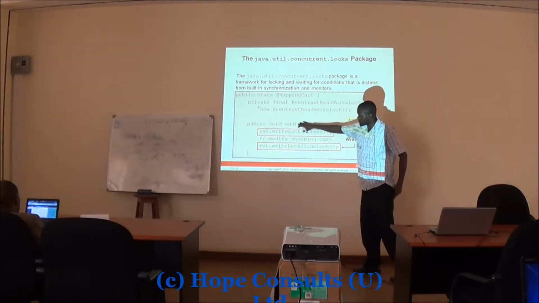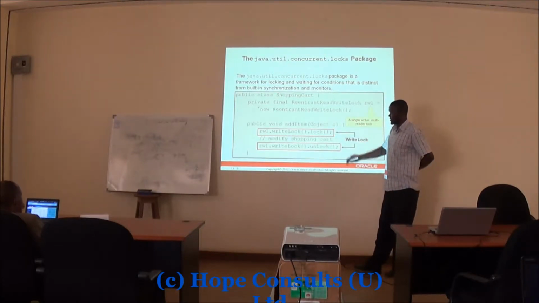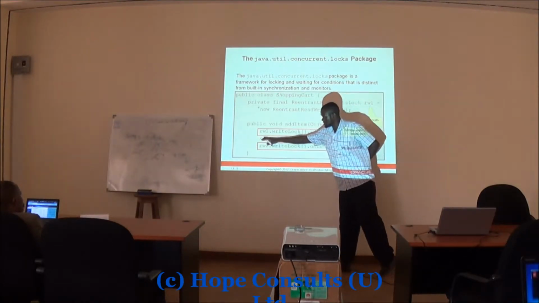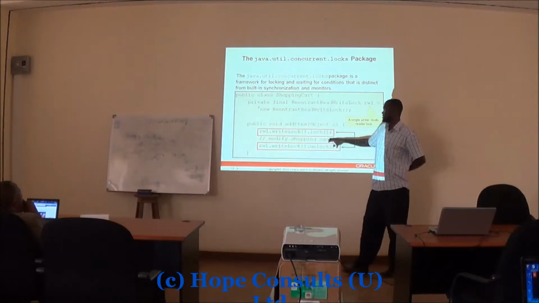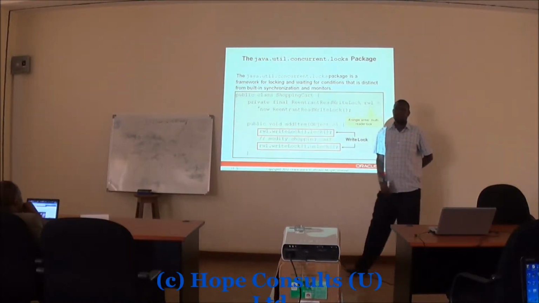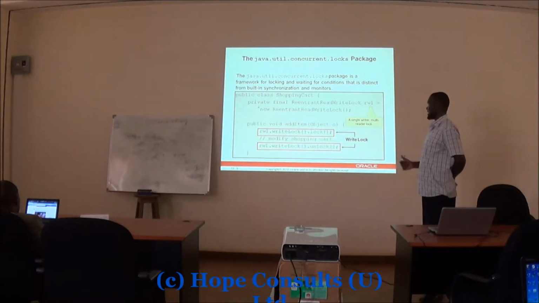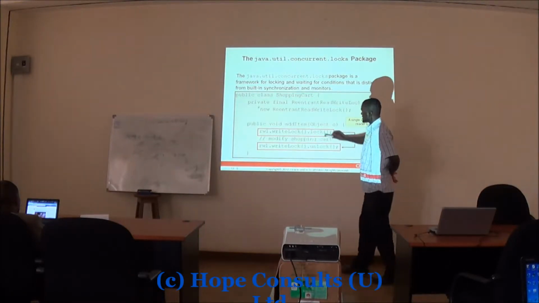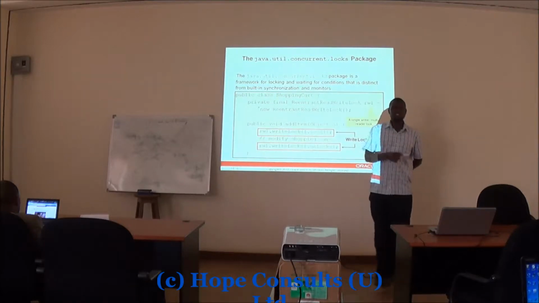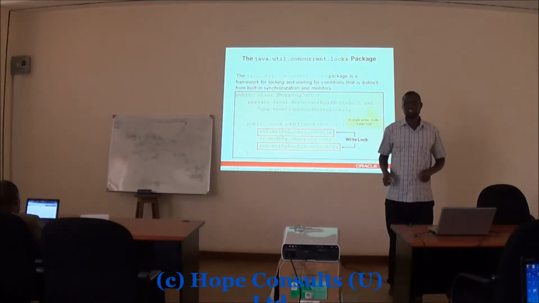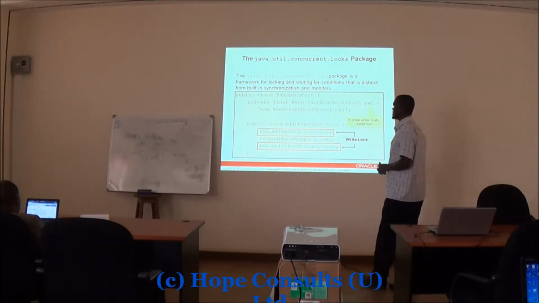If you are dealing with a shopping cart item, then we would protect this section of code. That means only one thread can add at a time. Only one thread can access it. It is more or less like the synchronized code block sections, but this approaches it in a different way.